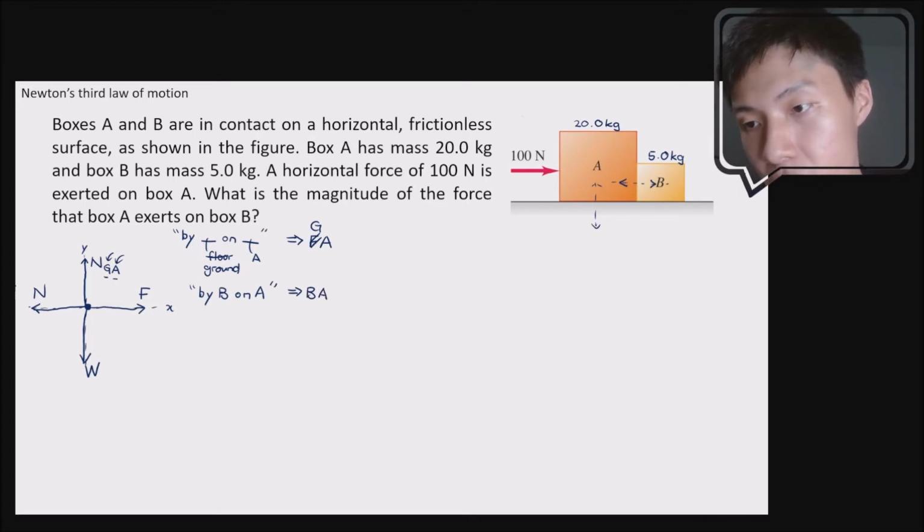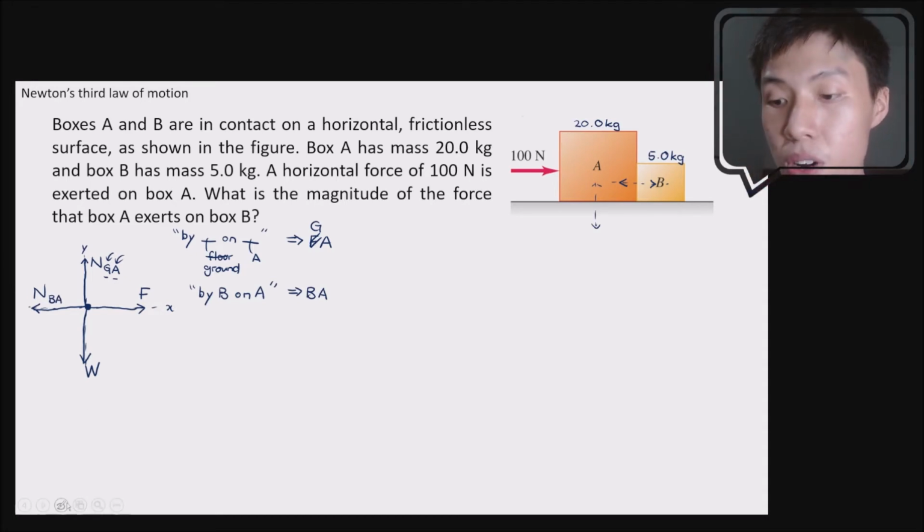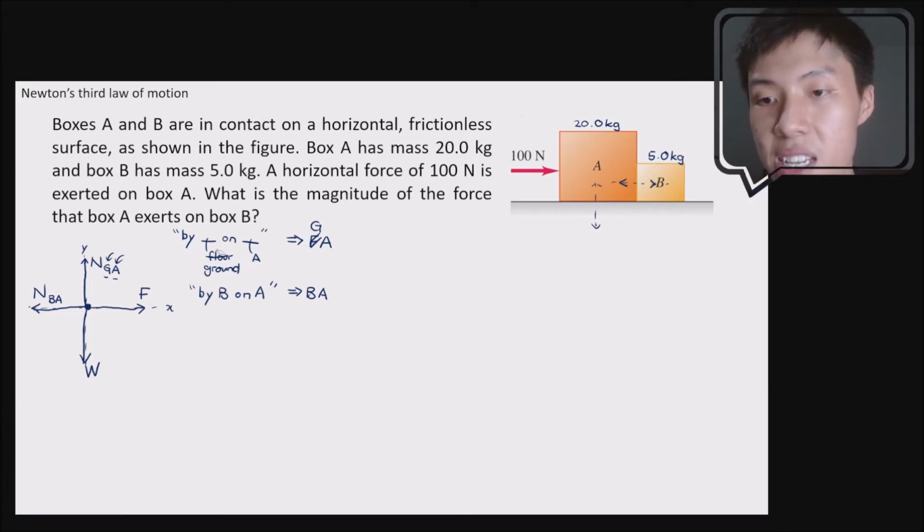So this is a way for us to state clearly what is exerting the force and what is experiencing the force. Okay, so I think that's it for this free body diagram.